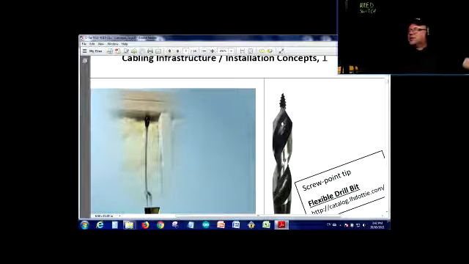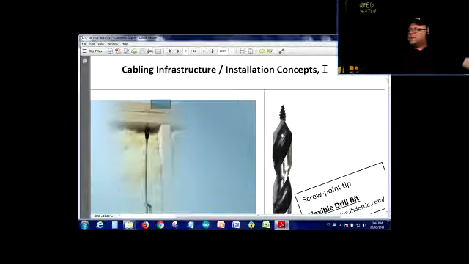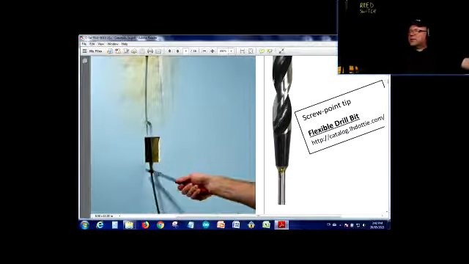This would usually be, let's say, in the first floor here, and this would be the ceiling space right here, right? And then you would just go and catch that, fish this out. There are different wire fishing techniques, so you can run wires. But this is how it's done, using the flexible drill bits.